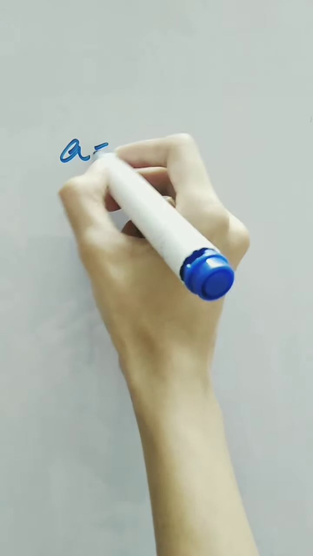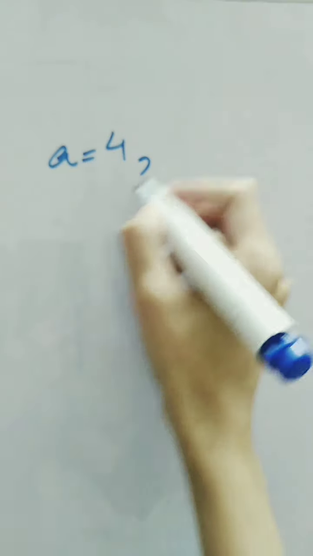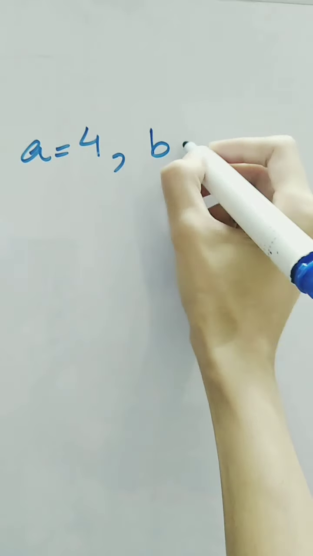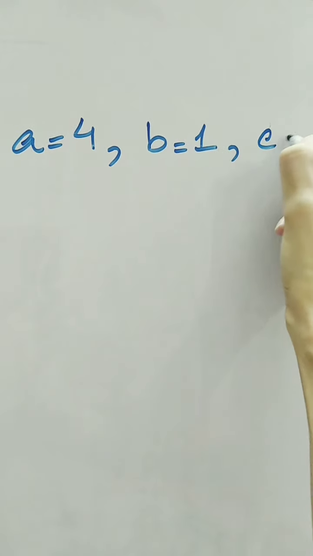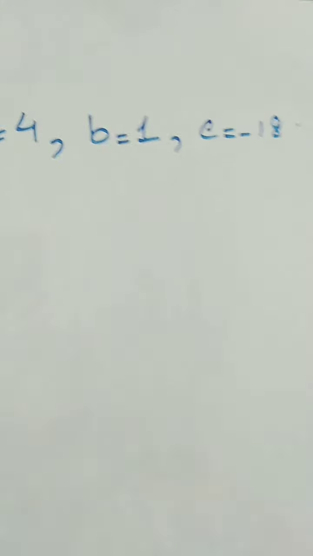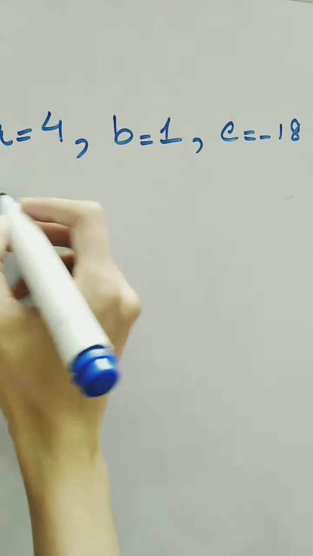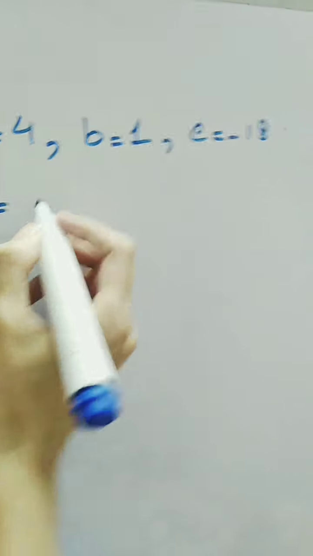Now we are going to use the quadratic formula here, and we have a is equal to 4 as this is the constant with x square, b is equal to 1 as we have only x, and c is equal to minus 18.